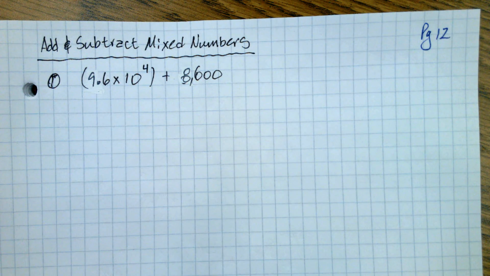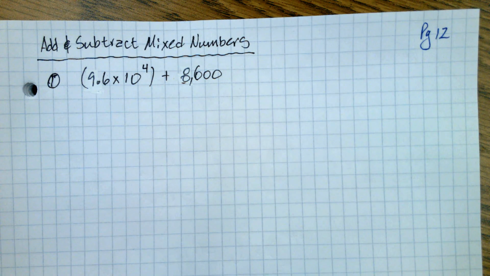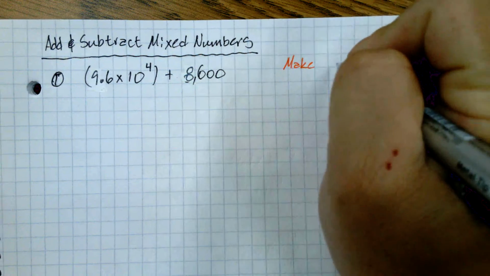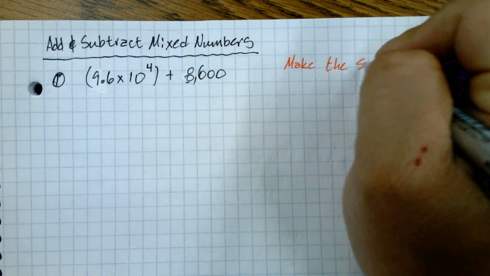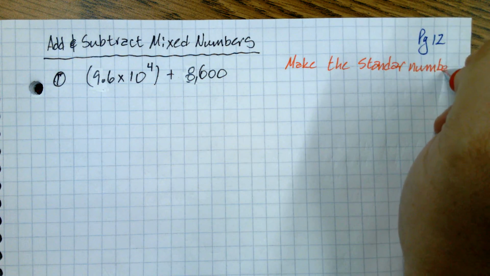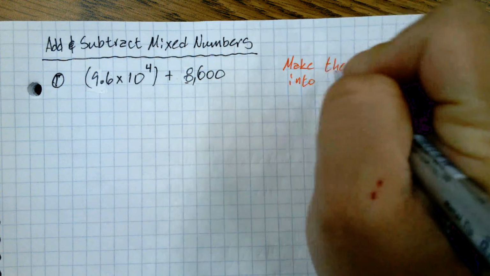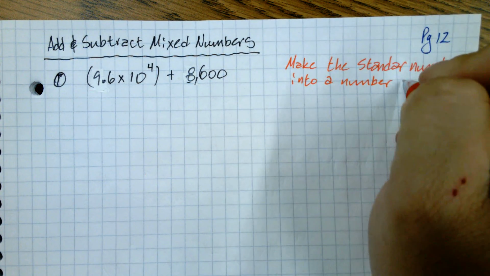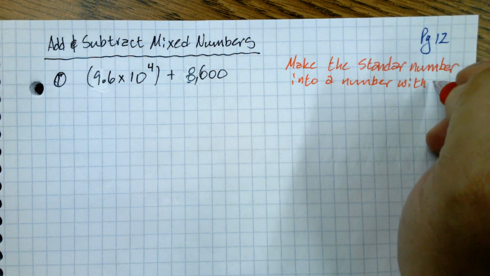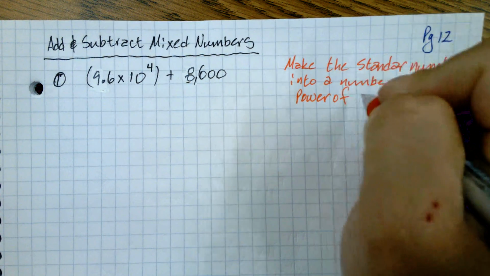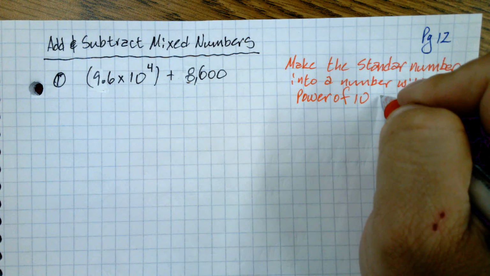Okay, so the key here is: make the standard number into a number with a power of 10 with the same exponent.